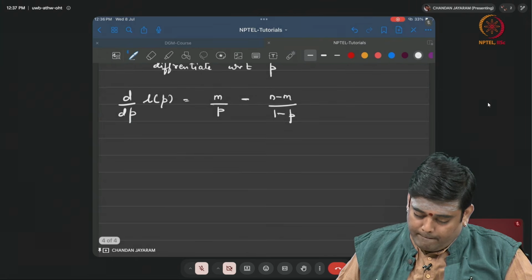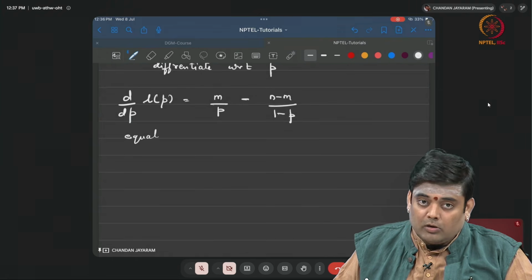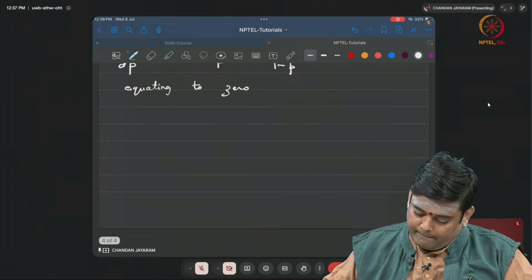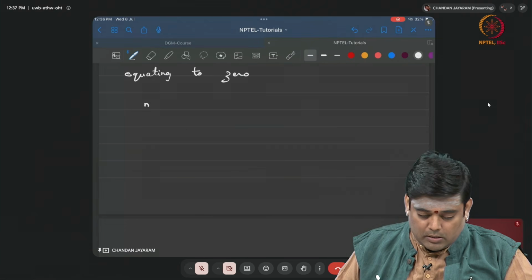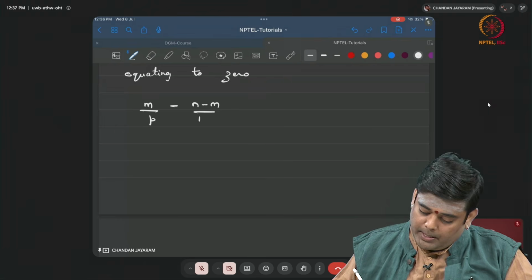Equating to 0, this is m by P minus n minus m divided by 1 minus P is equal to 0.